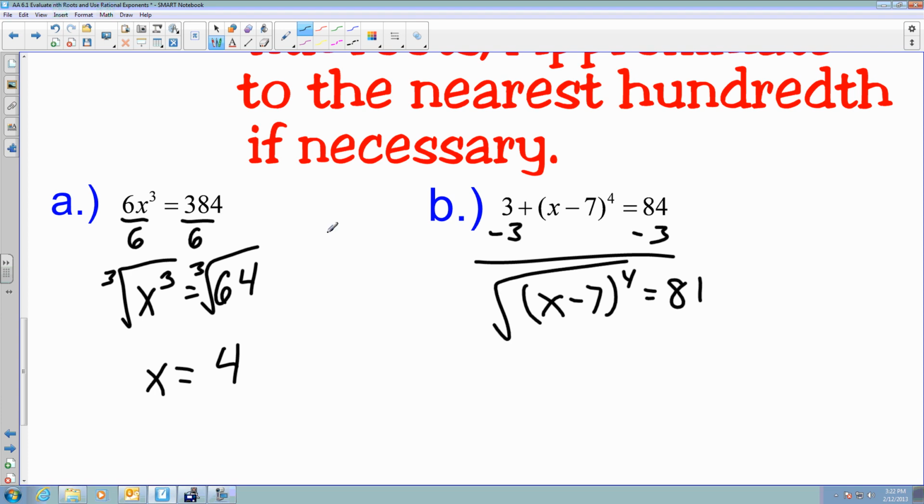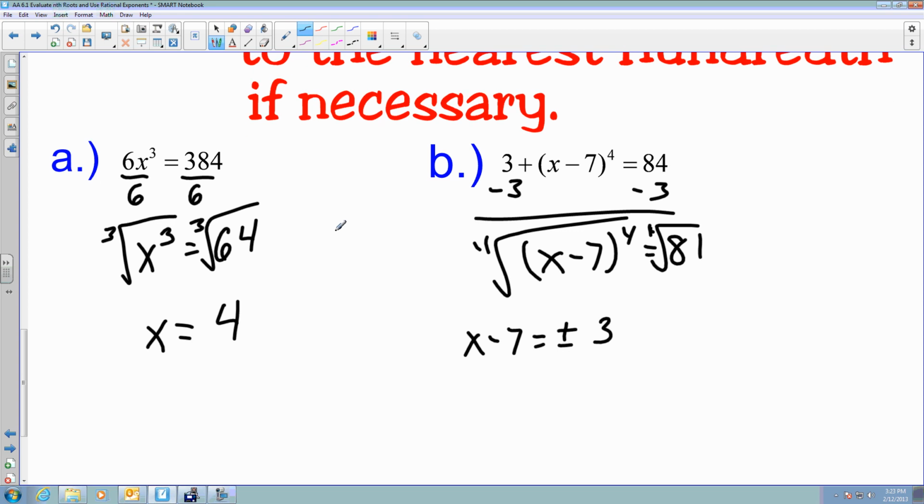Now I need to take the fourth root of both sides, which on the left side just gives me x minus 7 equals, and since that root is even, it's plus or minus, and the fourth root of 81 is 3. So now solving for x, I have to break this down into two equations: x minus 7 equals 3, and x minus 7 equals negative 3. Here my x will equal 10, and here my x will equal negative 4.